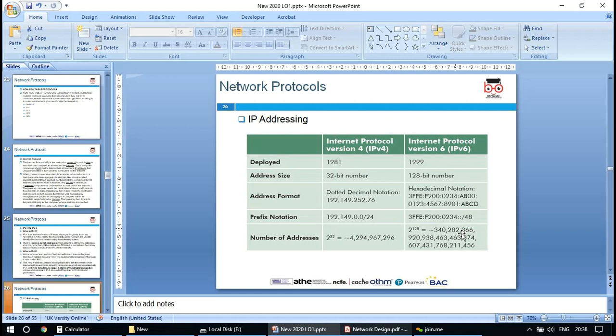The more interesting thing is that IPv4 has an IP address of four decimal numbers, whereas IPv6 has four hexadecimal numbers.